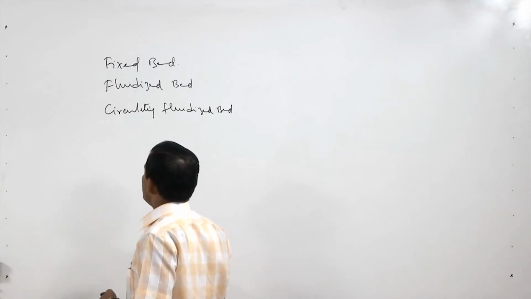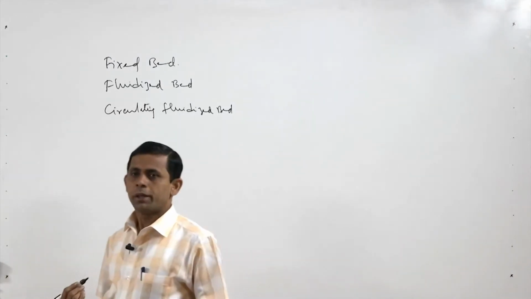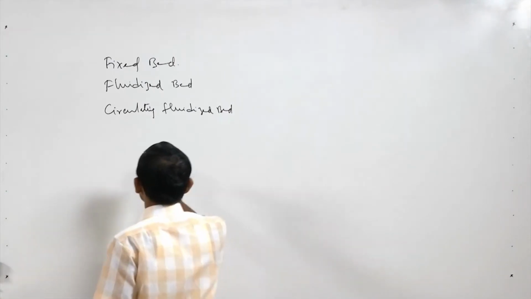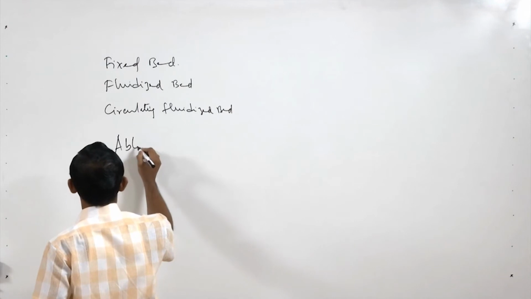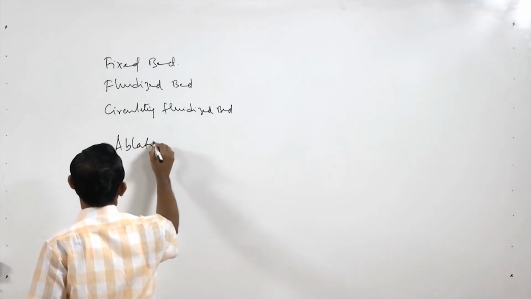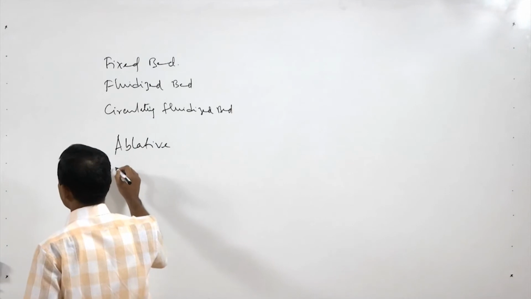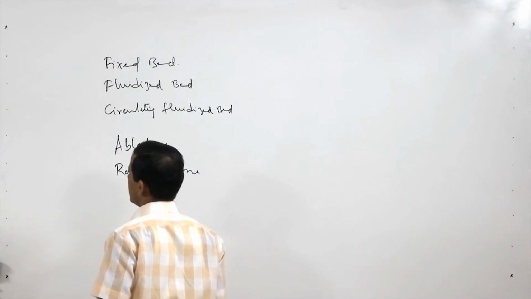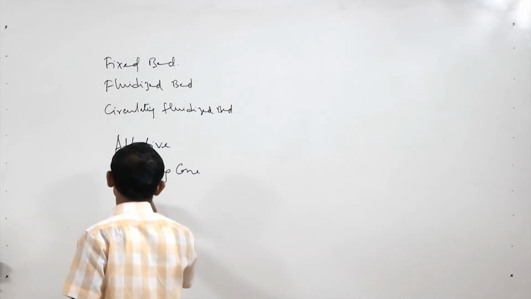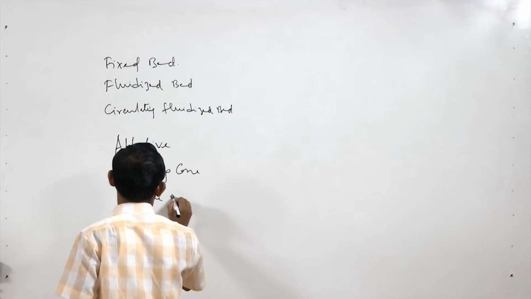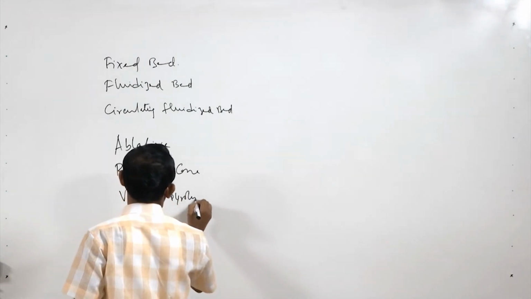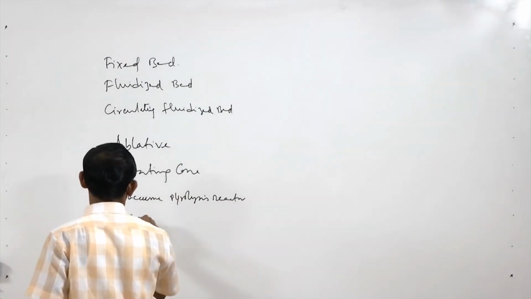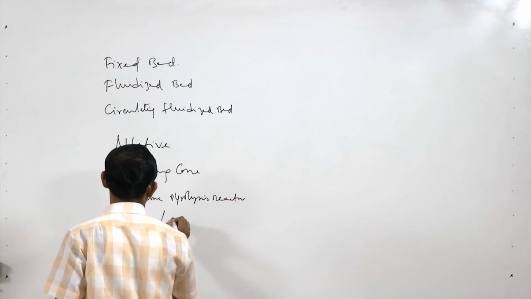Thereafter, some development came with reactors to avoid the use of inert gases. So, the ablative reactor, and then came the rotating cone reactor, then came the vacuum pyrolysis reactor, and the auger or screw reactor.